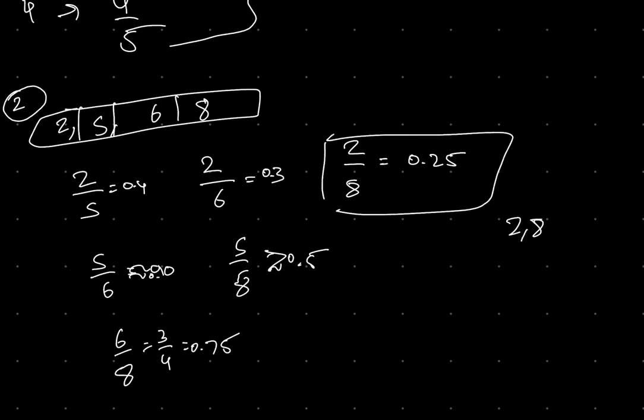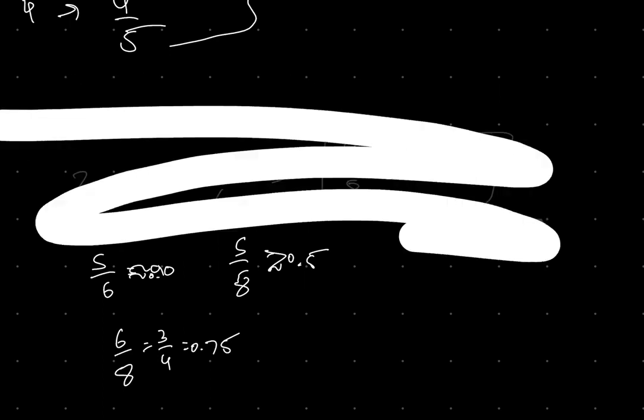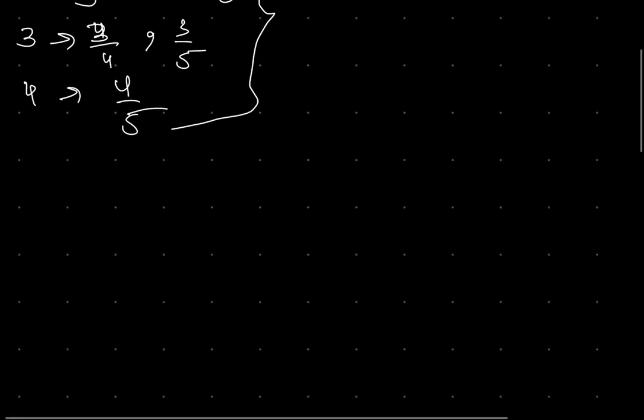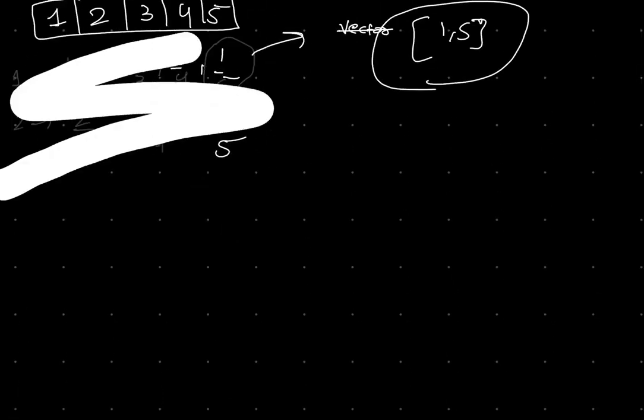How can we do this? Let's see. How can it be done? So what we will do now, there are many ways, but the simplest way can be to store all the elements in the form of a vector. So our example was 1, 2, 3, 4, and 5.